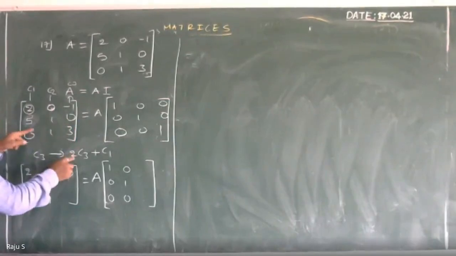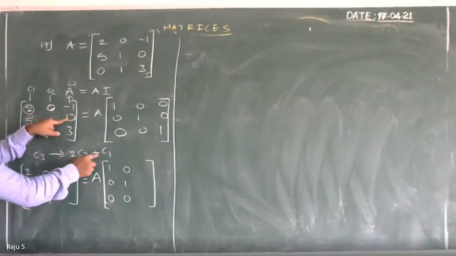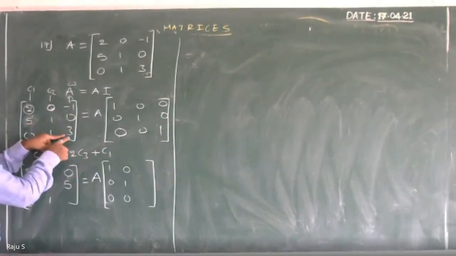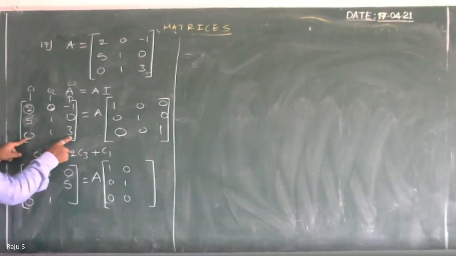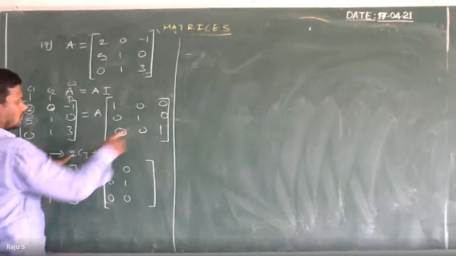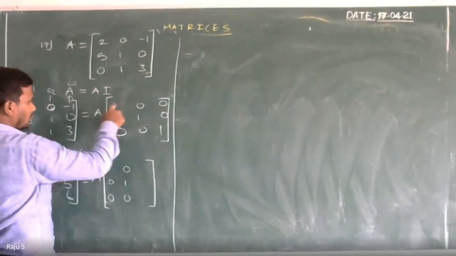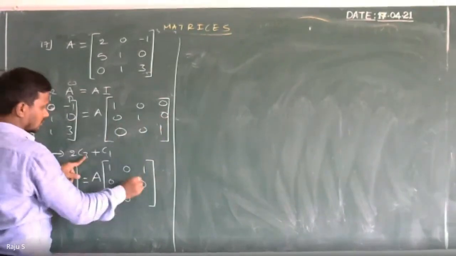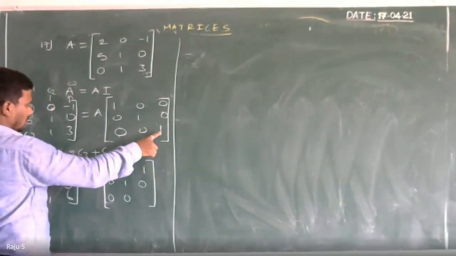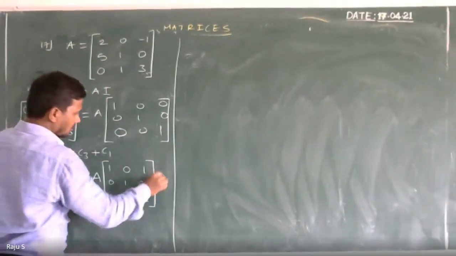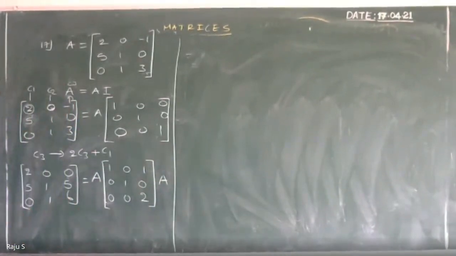So 0 means 2 into 0, 0 plus 5, right. Next, 2C3, 2 into 3, 6, 6 plus 0, 6. The same operation you can apply here. C3, 2 into 0, 0 plus C1, 1. And 2 into 0, 0, 0. And 2 into C3, 2 into 1, 2 plus 2 into A. Clear?